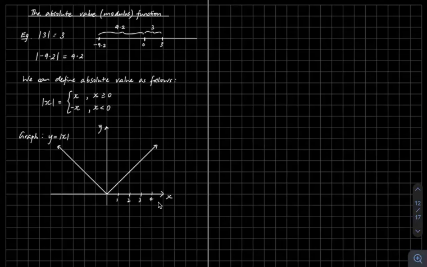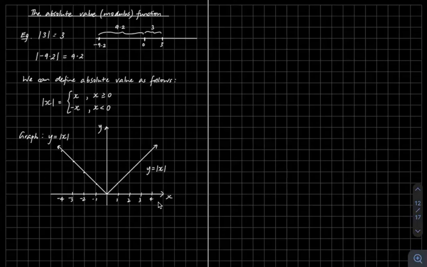So when x is negative 1, y will still be positive 1. When x is negative 2, y will be positive 2. When x is negative 3, y will be positive 3, and so on. We're just talking about integer values there, but obviously it applies to all other values of x as well. So that gives us the graph of y equals the absolute value of x.